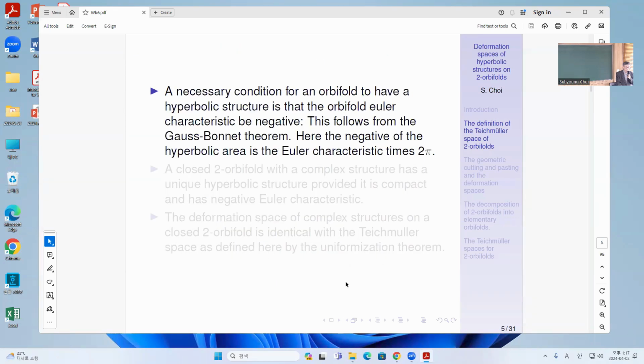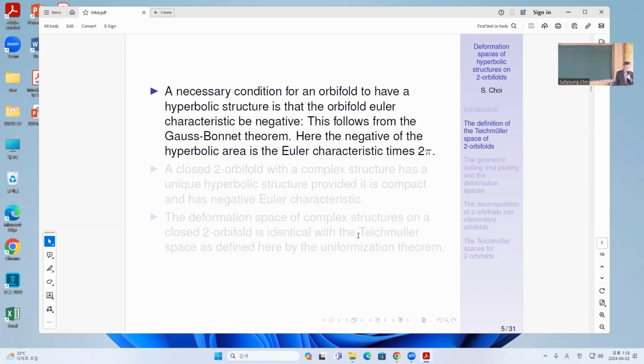The necessary condition for an orbifold to have a hyperbolic structure is that the orbifold Euler characteristic is negative. That follows from the Gauss-Bonnet theorem. So if you have an empty or geodesic boundary, then if you integrate the curvature, which is -1, it should be negative. So by the Gauss-Bonnet theorem, the Euler characteristic must be negative. So the negative of the hyperbolic area is the Euler characteristic times 2 pi.